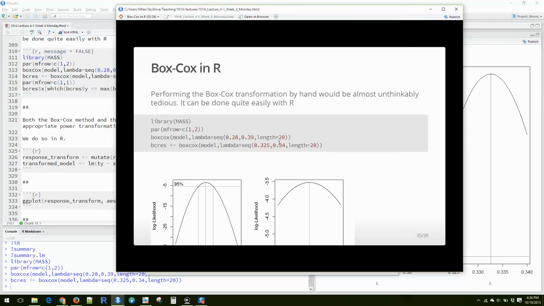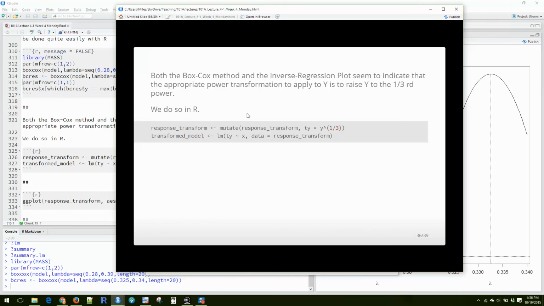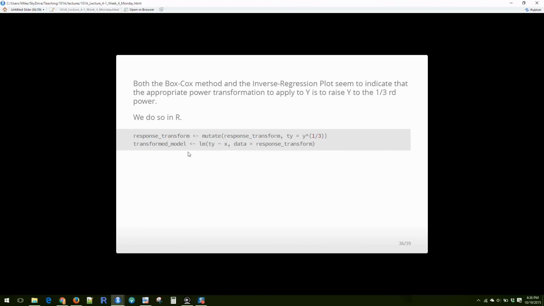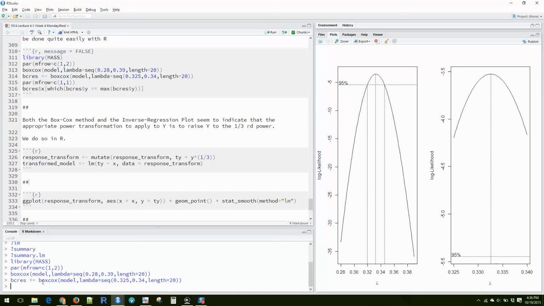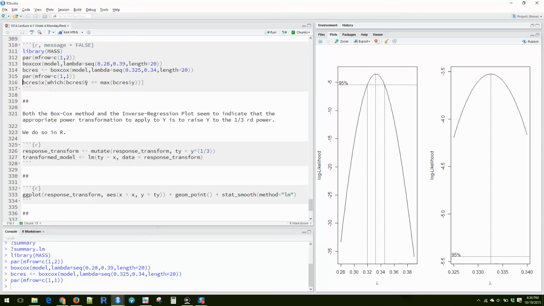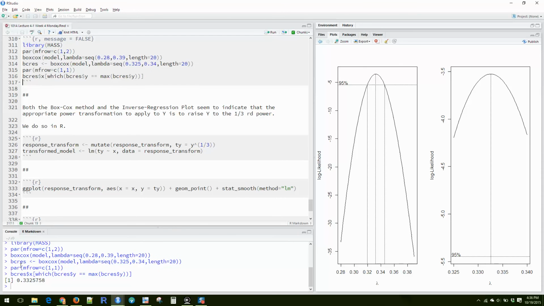Okay, and so I'm storing the results of the boxcox transformation, and then I can call, using a subset command, I'm going to have to fix this format in the slide, I can say which value of y corresponds to the max value of y, okay?